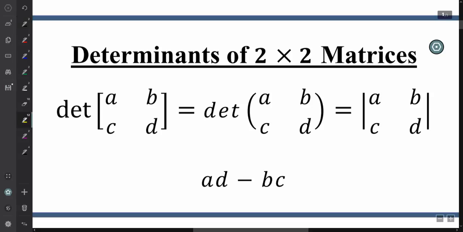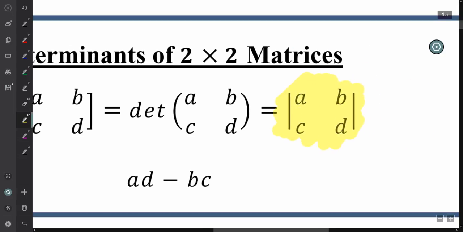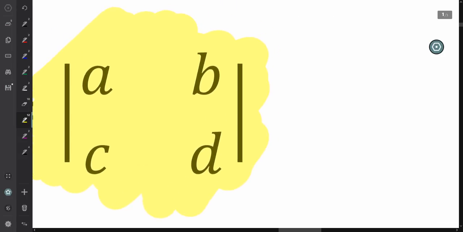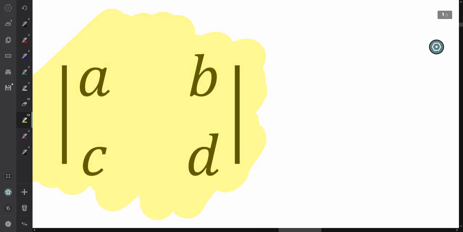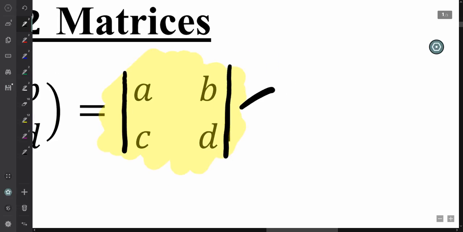Now, the new way and the most common way to see it with mathematical notation is to put vertical bars around the matrix. And notice there is no DET there. It doesn't say determinant. It just has our vertical bars. When you see vertical bars around a matrix rather than brackets, it means to find the determinant.